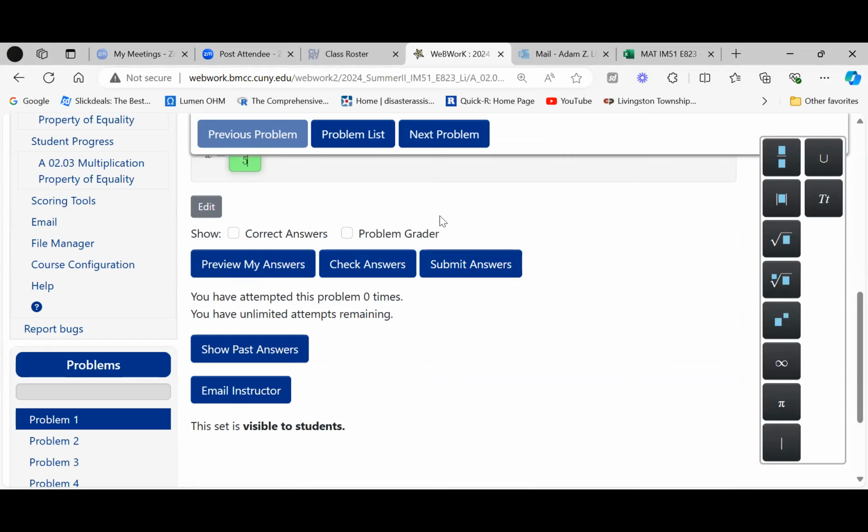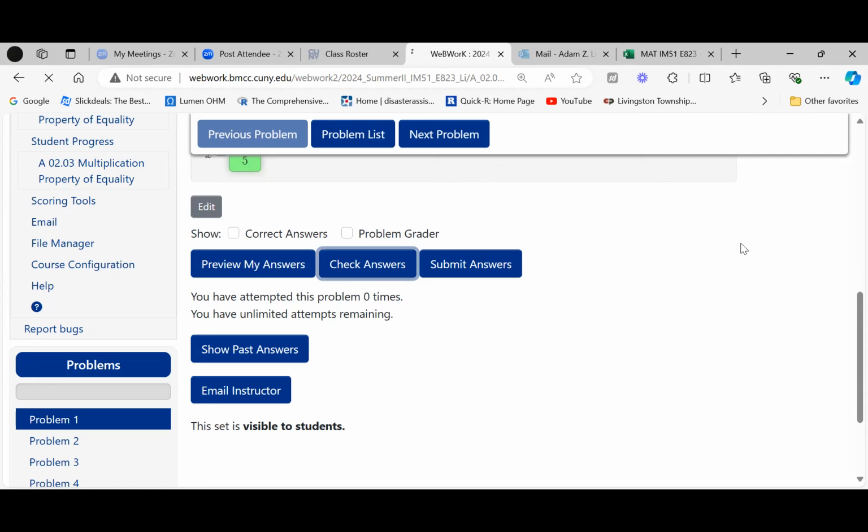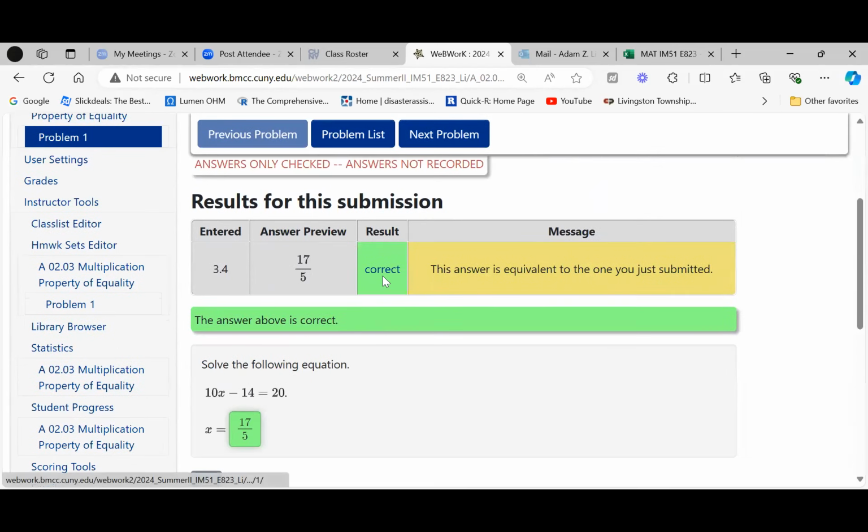Let's say it's 17 over 3, then you're going to get 5.6666666, so you can't turn it into a terminating decimal. Yeah, it's the same thing as 3.4. It's equivalent to the one I just submitted.